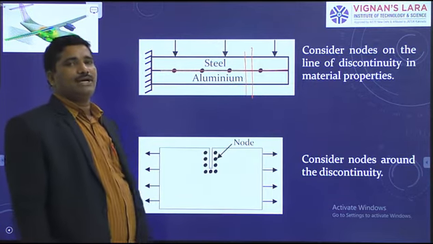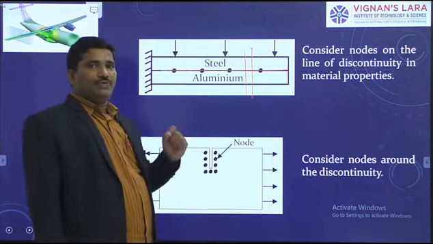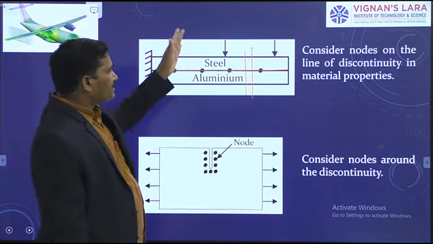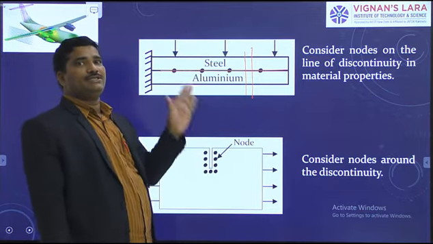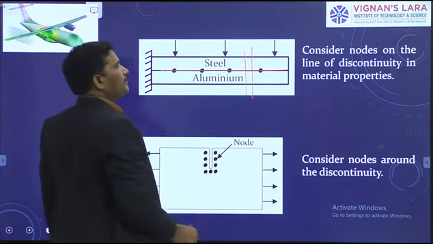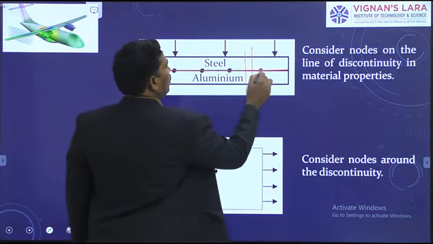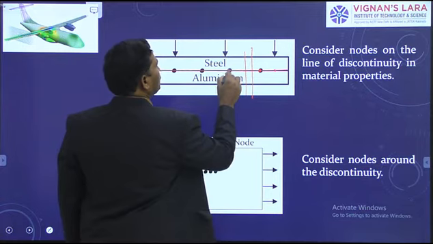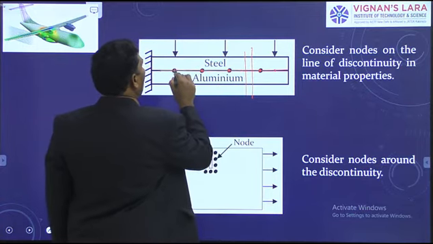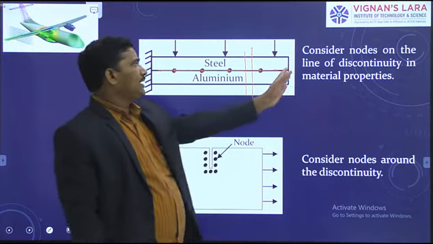That is the reason why you have to consider a node where the properties of the material change. This is the interface where the properties of the material change. That is the reason why you can take the nodes according to your requirement on this interface. That is what we have here.